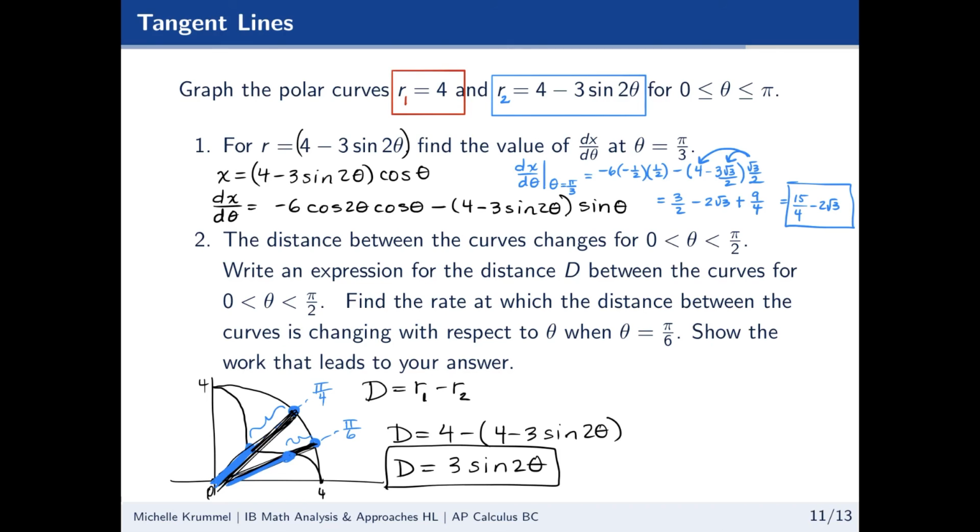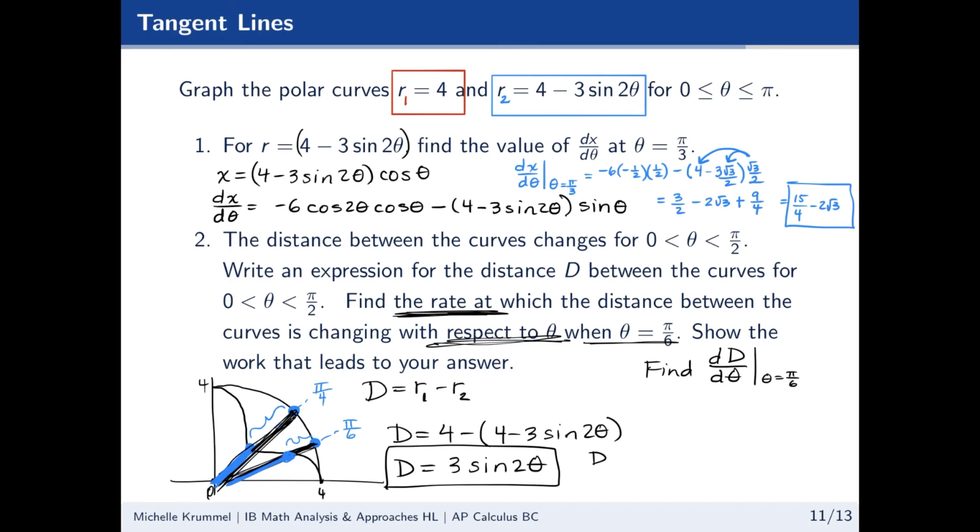The second part of the question says find the rate at which that distance is changing with respect to theta. So we're asked to find dD/d theta when theta equals pi over 6. So now we simply have to find the derivative of our capital D equation with respect to theta.